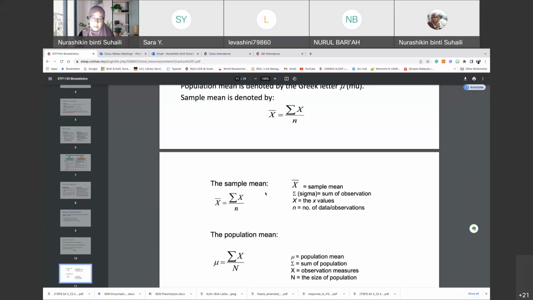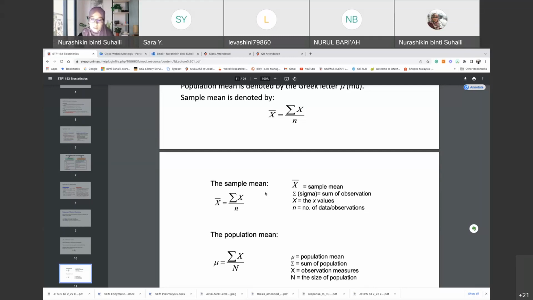Remember just now I gave you an example of Malaysia as a population, and states as samples? If we talk about the mean number of hours Malaysians spend on reading for Malaysia, we are talking about the population mean.